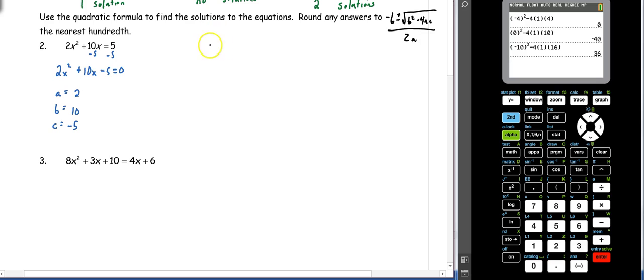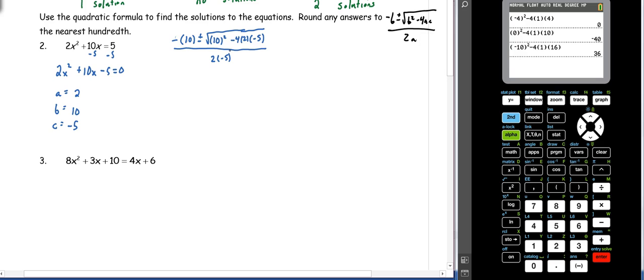So when I set up my quadratic formula, it's negative 10, plus or minus the square root of 10 squared minus 4 times 2 times -5, and on the bottom we have 2 times 2.